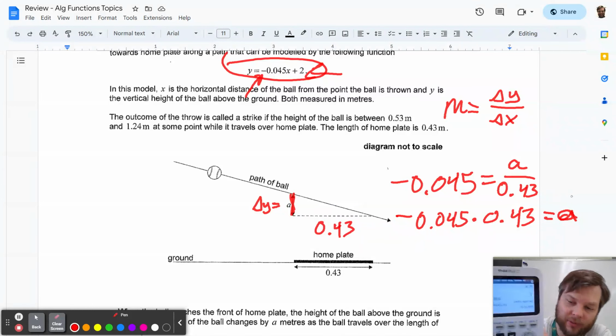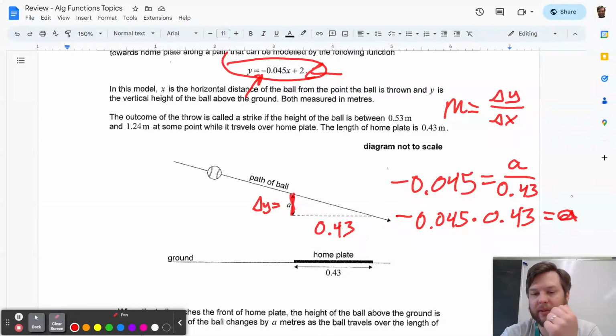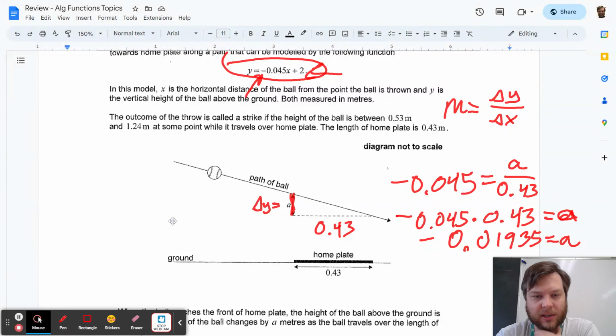We get this wonderful value right there. So that means that the A value is negative 0.01935.